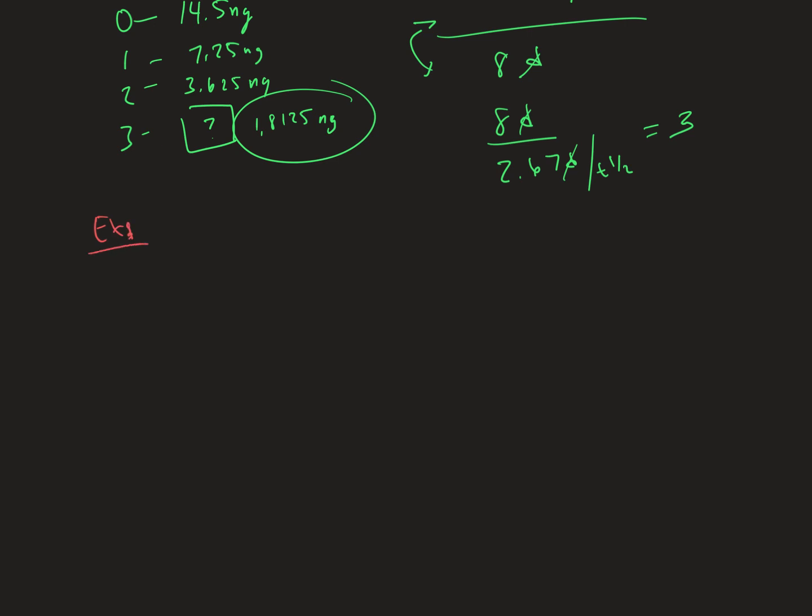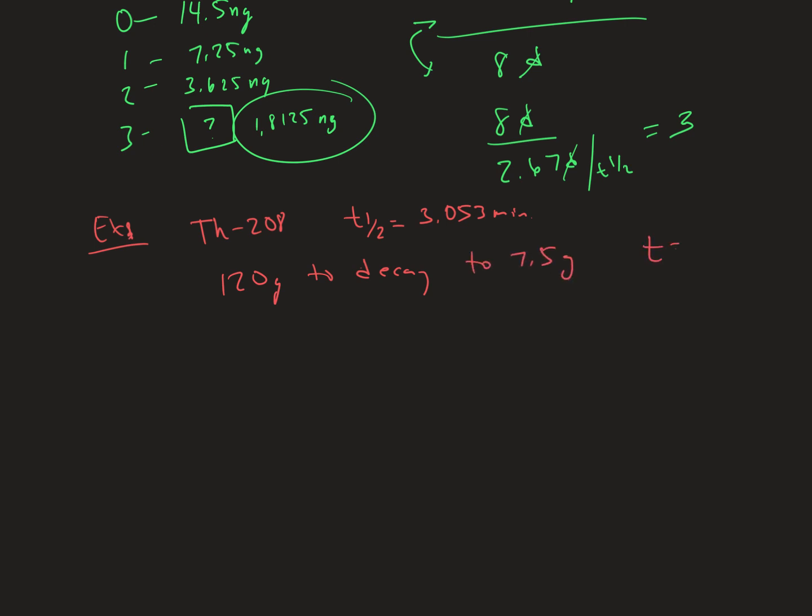So this time it says thallium-208. Does it really matter what isotope it is, guys? No. Okay. It has a half-life of 3.053 minutes. How long will it take for 120 grams to decay to 7.5 grams?